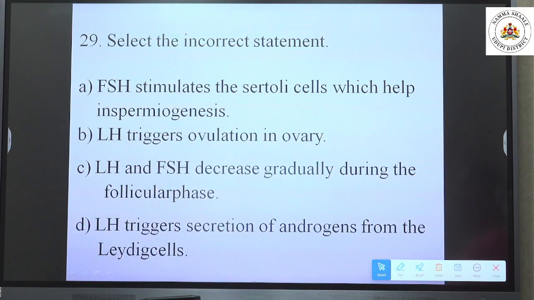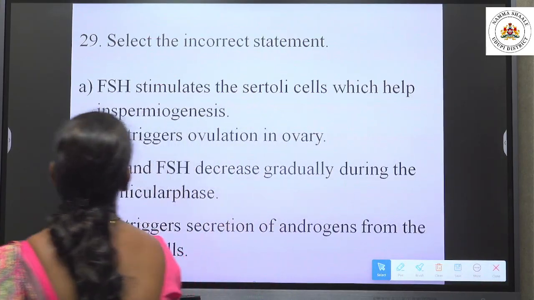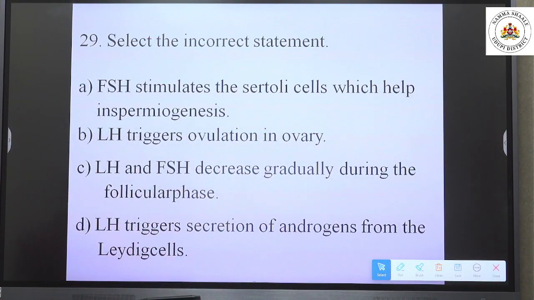Next, select the incorrect statement. First one, FSH stimulates the Sertoli cells which help in spermiogenesis. The second option, LH triggers ovulation in the ovary.